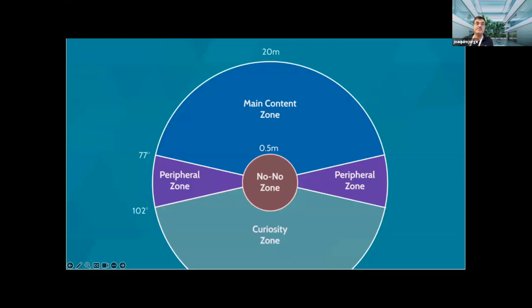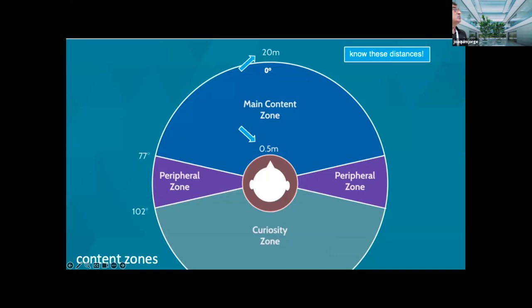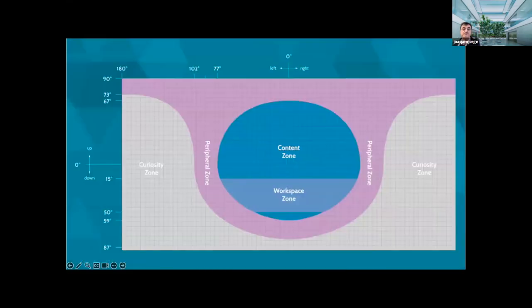So this is an example of what distances and zones you should respect. And if you want to place this in a Mercator projection, this is an example.